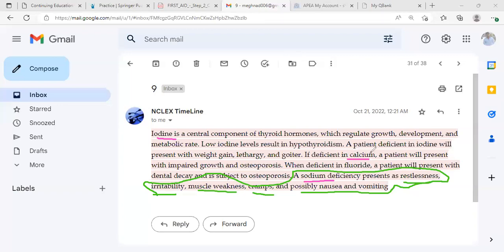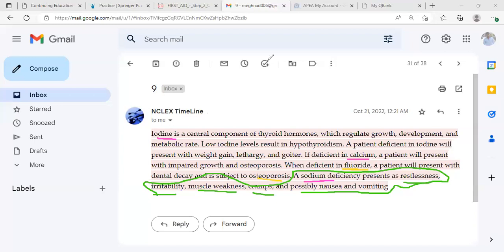What else? Calcium. So deficient in calcium, a patient presents with impaired growth and bone erosion. What about fluorine? Fluorine deficiency presents with dental decay and also osteoporosis. But fluorine is an important component of our dental health.